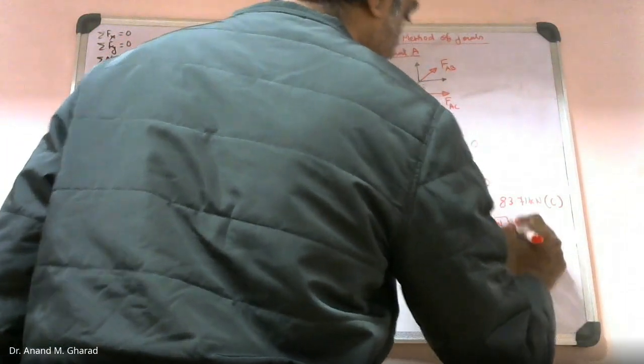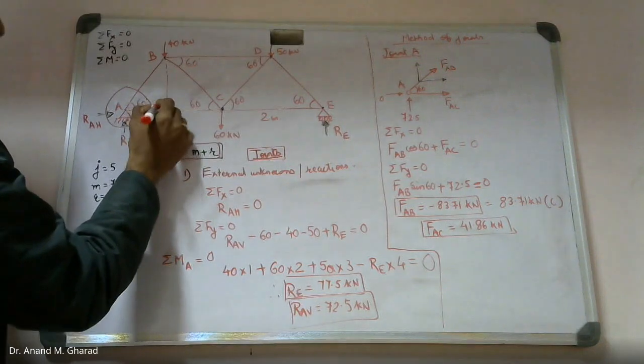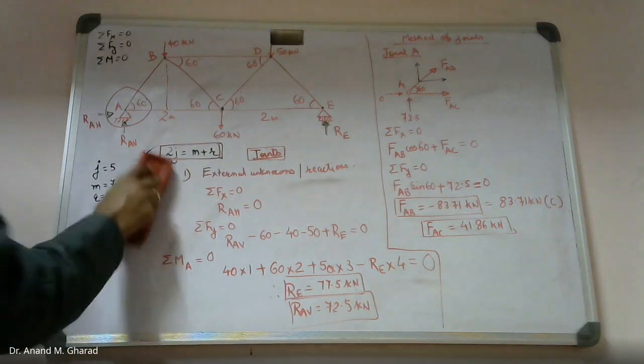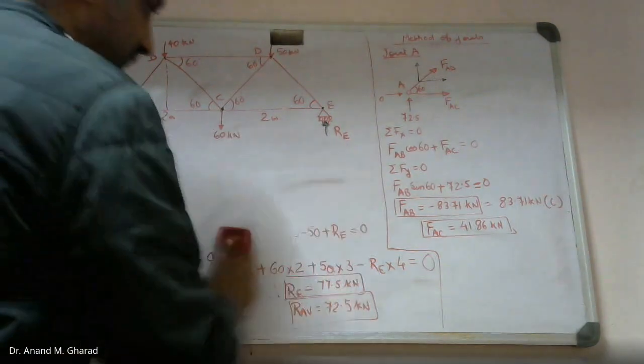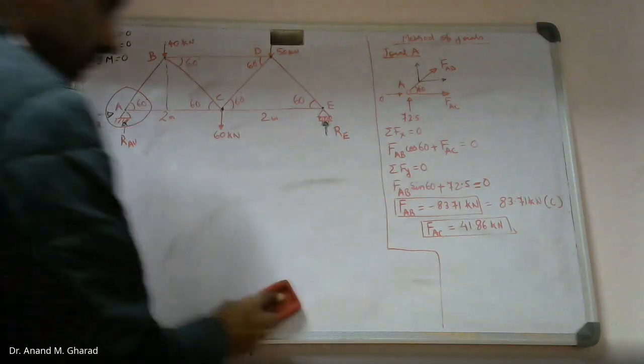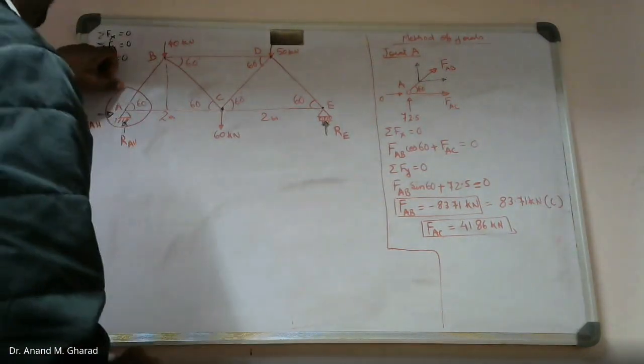That means force in member AC will be tension. Okay, whatever we have assumed, that is correct. Next, this joint A is now complete.